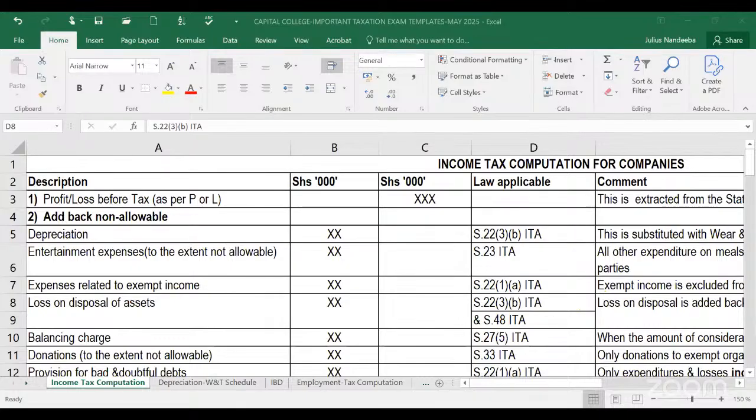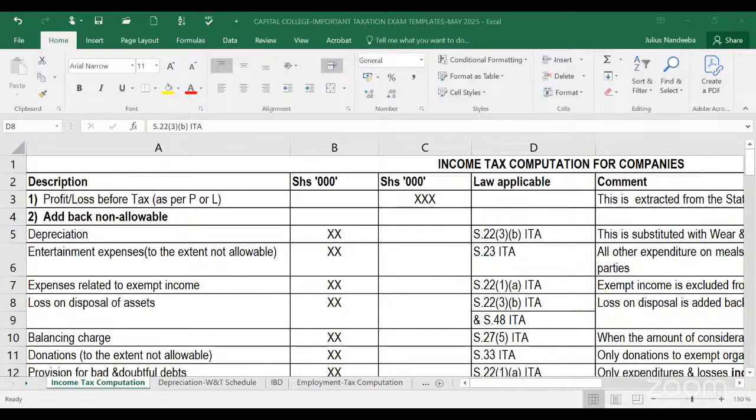Now, we say they are giving you 3 things: incomes, expenses, and assets. What are we looking for in assets? We are looking to calculate the relevant capital deductions. And the relevant capital deductions in your exam, you are likely to be calculating the wear and tear allowance, otherwise called depreciation allowance.